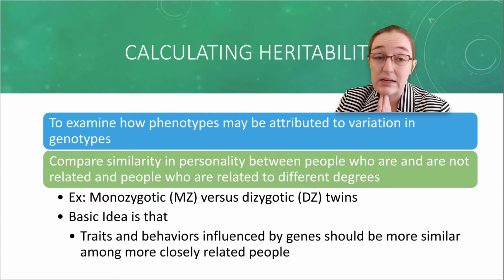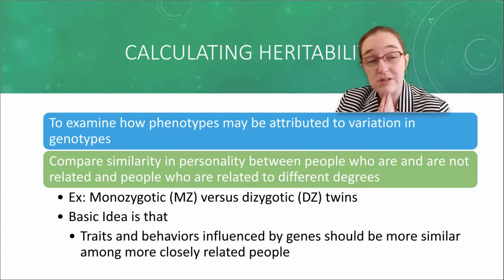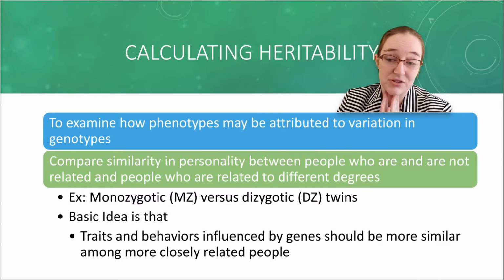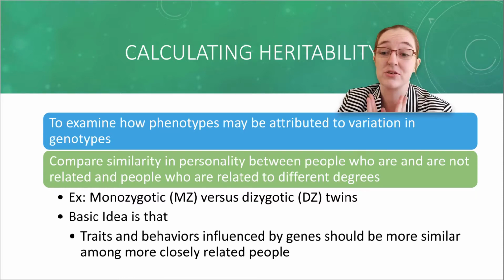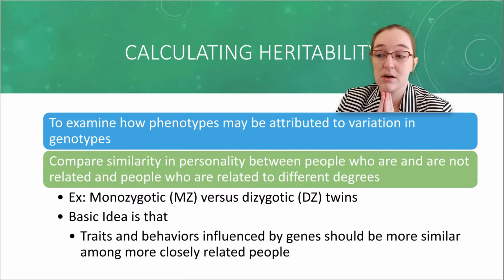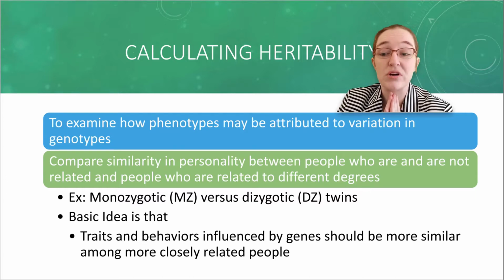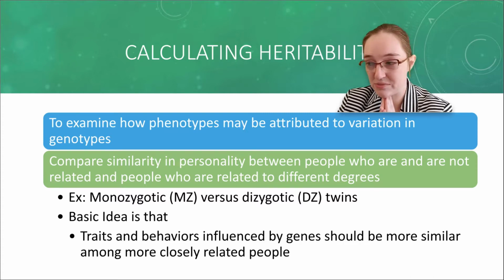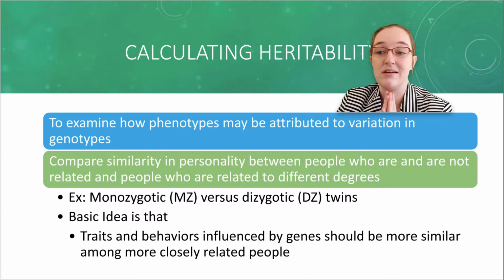But the idea is that if traits and behaviors are influenced by genes, we expect people who are more genetically similar to also be more similar in whatever the trait is. So height, for example: identical twins are much more similar in terms of height than fraternal twins.